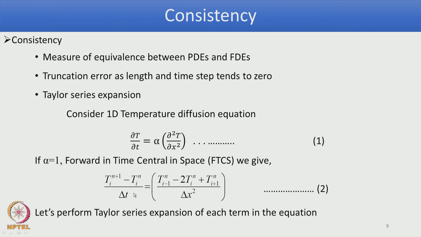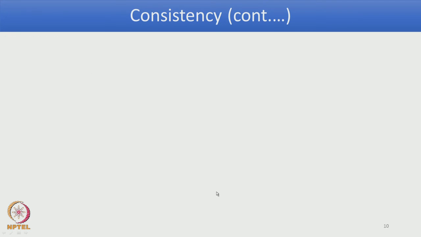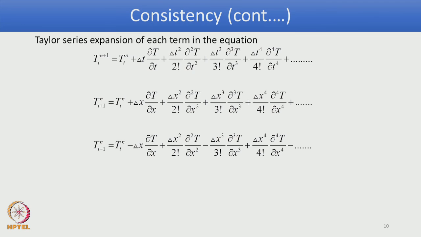Now, what do we do? We perform Taylor series expansion for each of these terms, that is T i n plus 1, T i minus 1 n, T i plus 1 n. I am showing here each term up to certain terms. For example, T of i n plus 1 you can expand in time, forward in time, that is why it is n plus 1, and I have written up to 4 terms and the remaining terms are not written. Similarly, for all other terms, that is T of i plus 1 n, T of i minus 1 n.